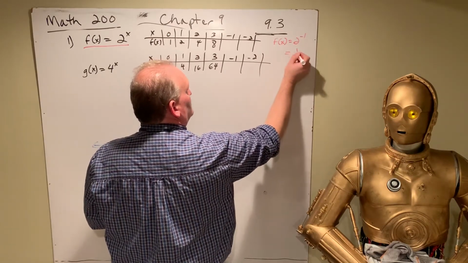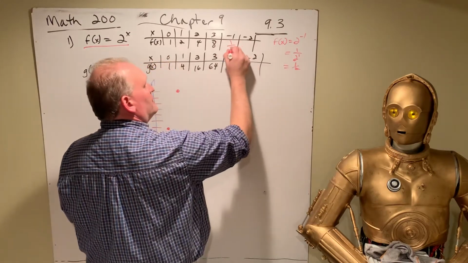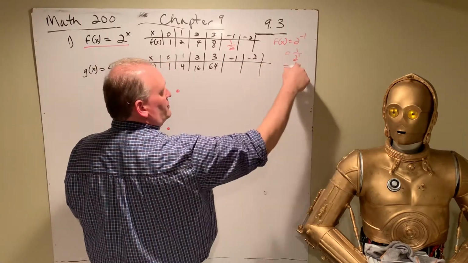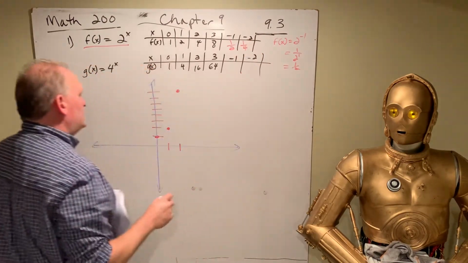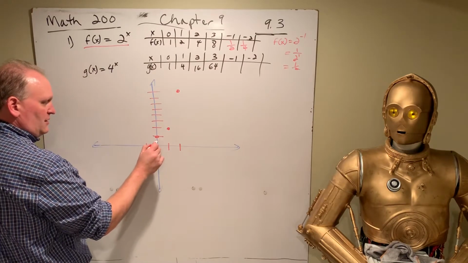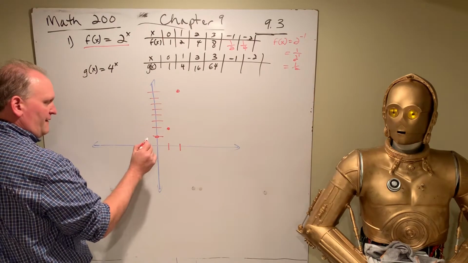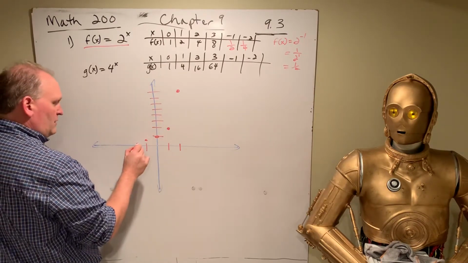Negative powers move it to the denominator. So that's 1/2. And then negative 2, it would move it down and square it. That would be 1/4. So negative 1 splits the difference between 0 and 1. That's 1/2, and then negative 2 gets it closer, 1/4.